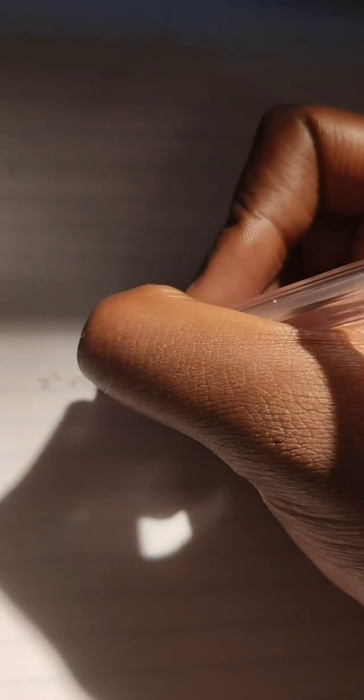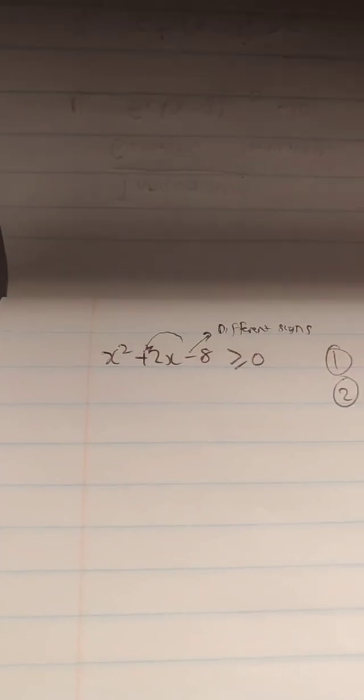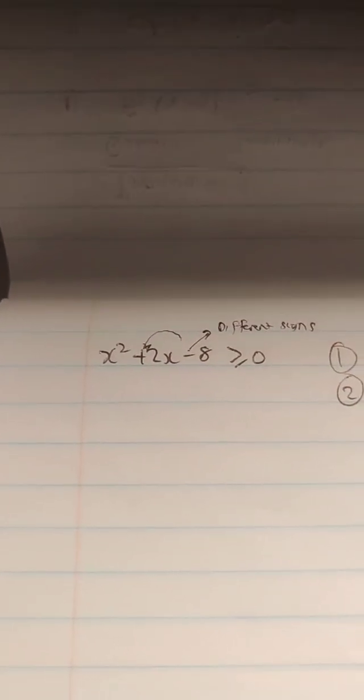That means inside our bracket, when we factorize, our signs are going to be different, because a negative constant always says to us we are going to have different signs. And then this positive tells us the sign of the biggest number is going to be positive.